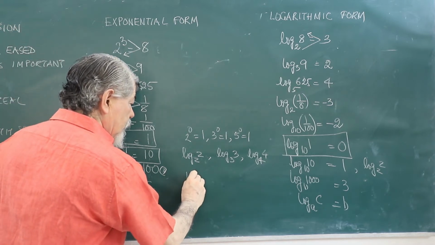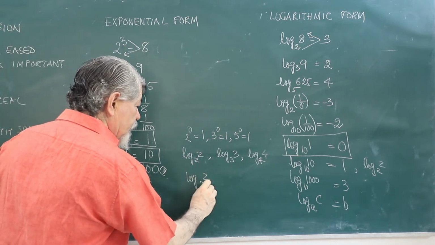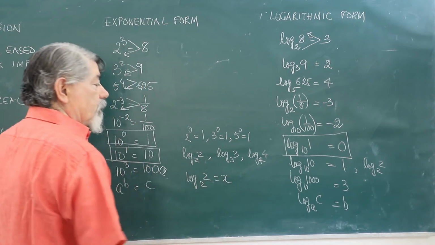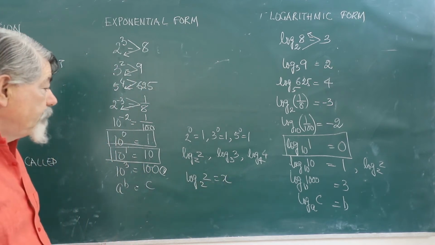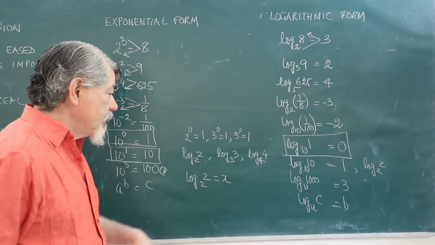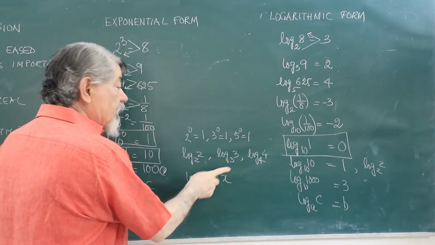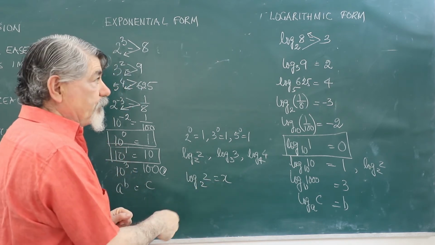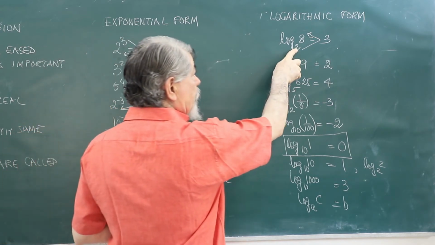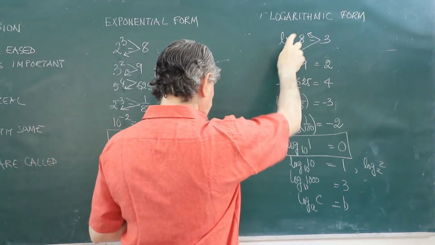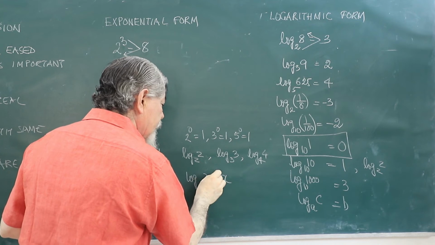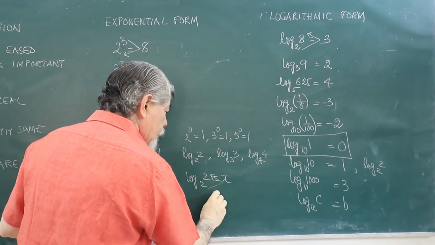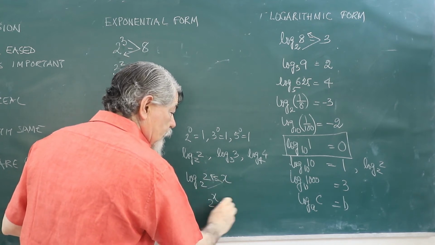Suppose log 2 to the base 2 is x. When we change from logarithmic form to index form, we go from here to this side and get 2 to the power x equal to 2.